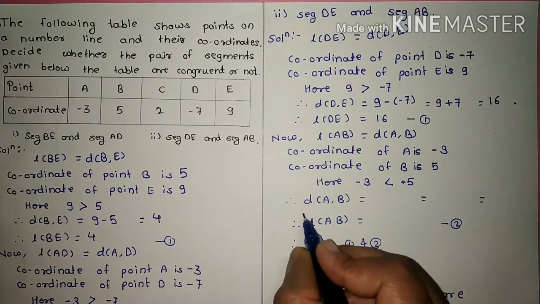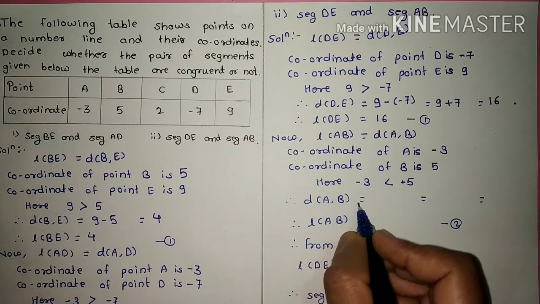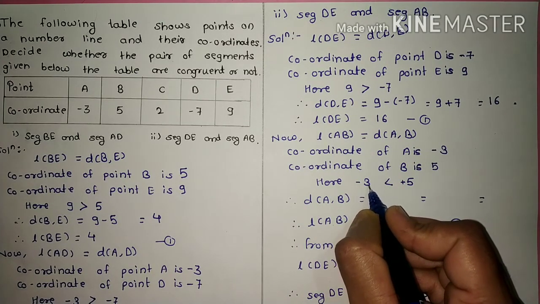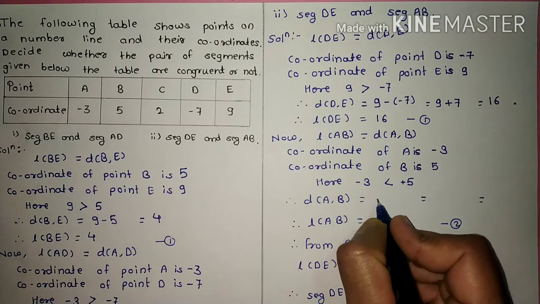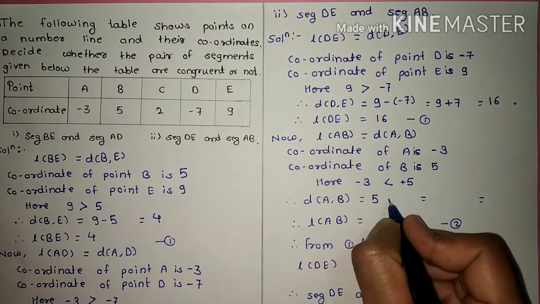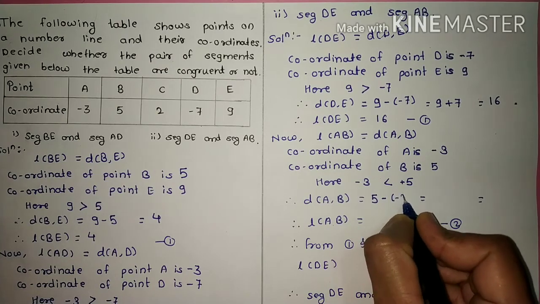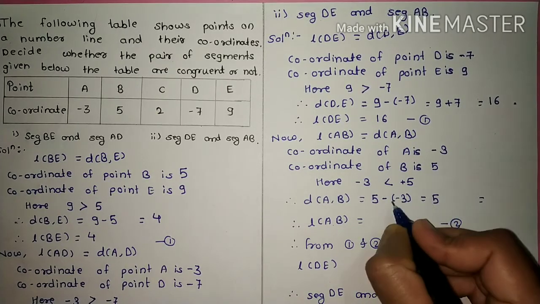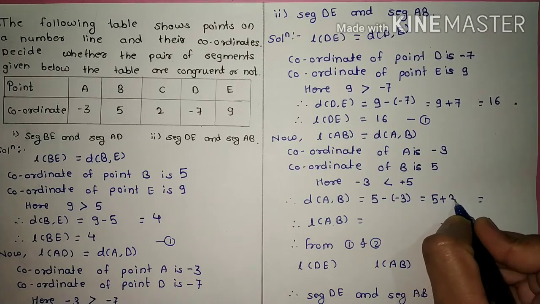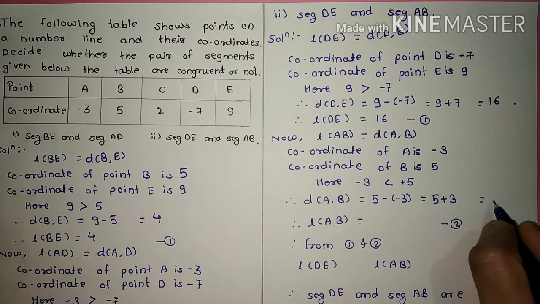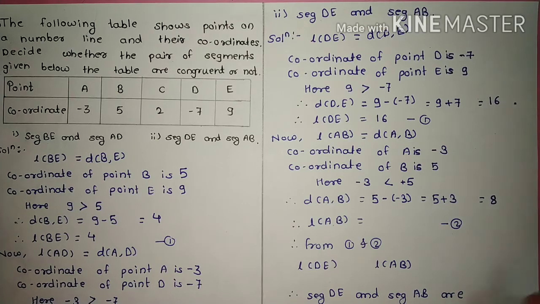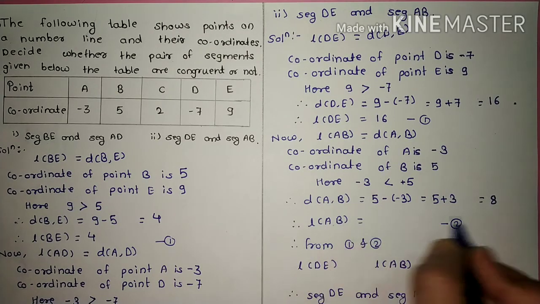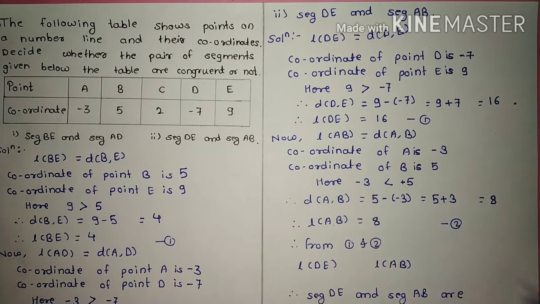Therefore to find distance between AB, we can subtract -3 from 5. That is 5 minus of -3. Therefore 5 plus 3 is 8. That means length of AB equal to 8.